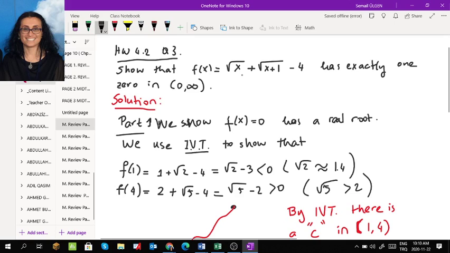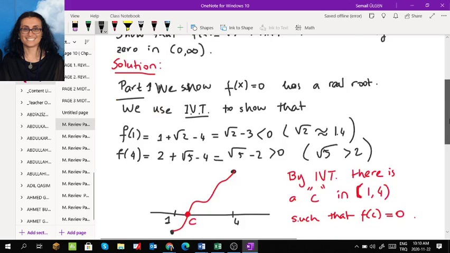If you take the derivative of this, you get 1 over 2 square root of x, but 0 is not included, so it's differentiable. And for the other term, you get 1 over 2 square root of x plus 1. x plus 1 is a differentiable function unless x is -1. Since the domain doesn't include 0 and negative values, this is differentiable.